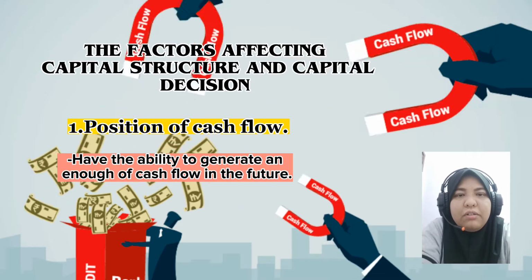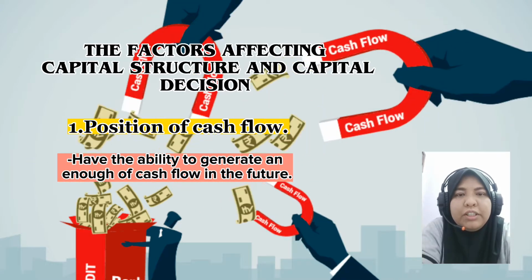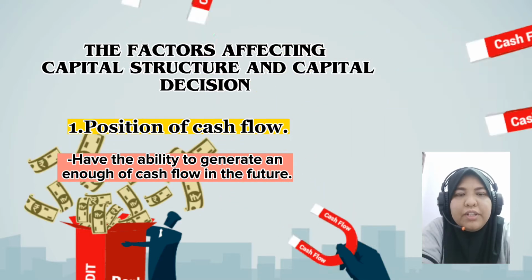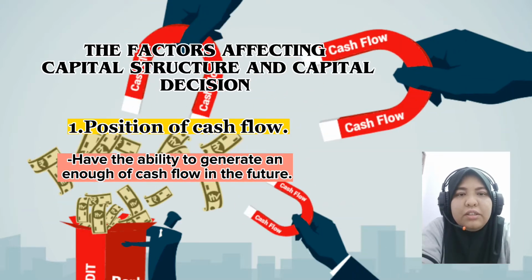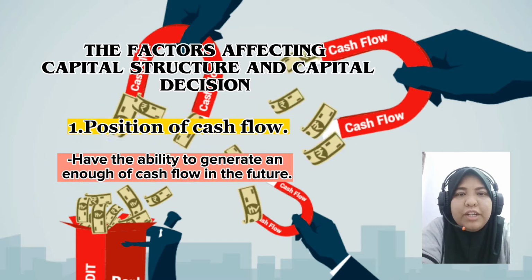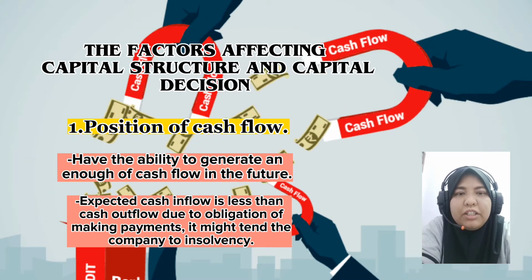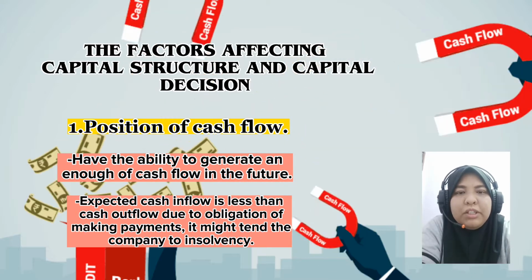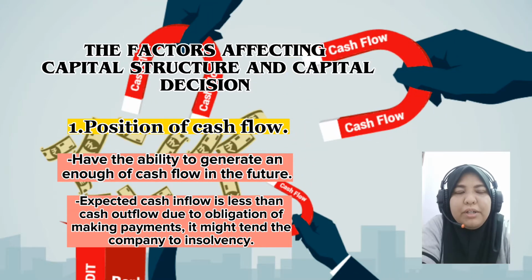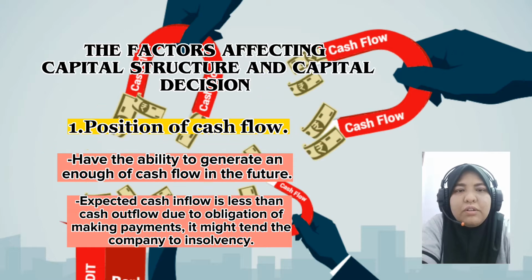If the company already has a legal obligation, for example paying fixed rates of debenture, loan interest, dividends, preference shares, and others, while the expected cash inflow is less than cash outflow due to the obligation of making payments, it might turn the company to insolvency.